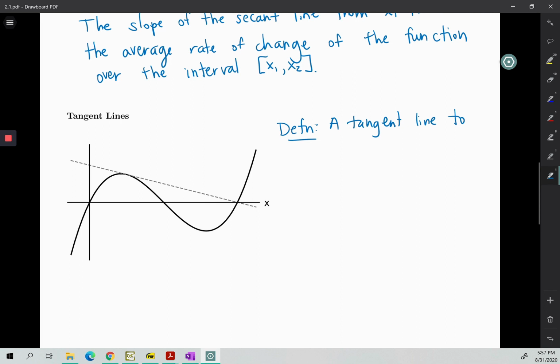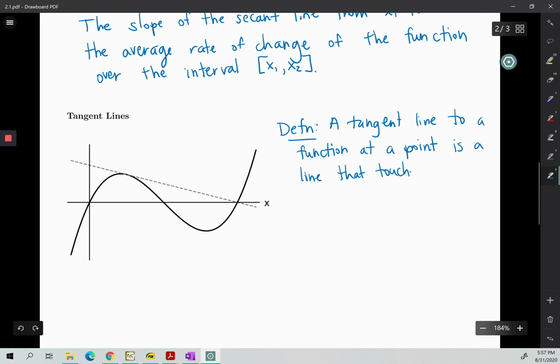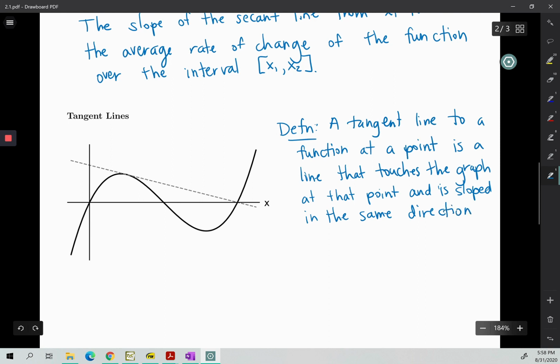A tangent line to a function at a point is just a line that touches the graph at that point and is sloped in the same direction of the graph.